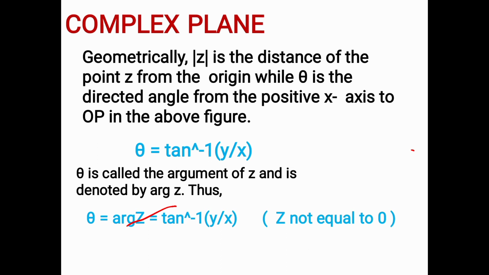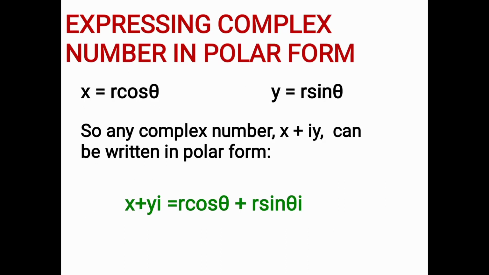Z cannot be 0. Next, for simplicity in your mathematical calculation, a complex number can also be represented in polar form. Already you know the coordinate system of the complex number, x and y.